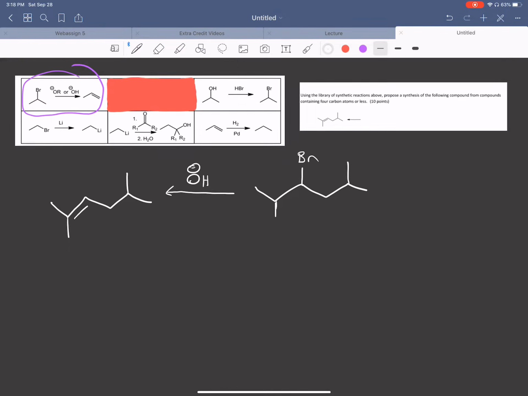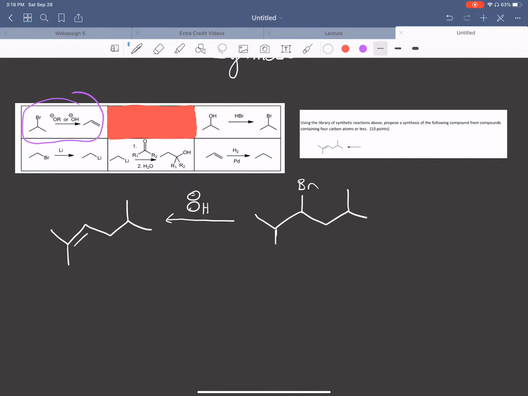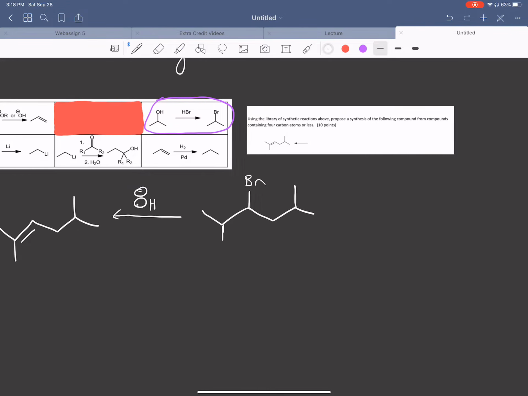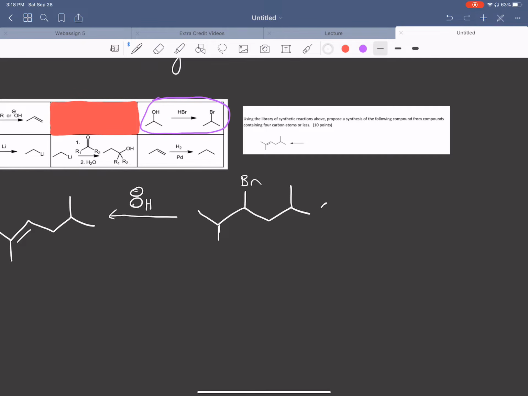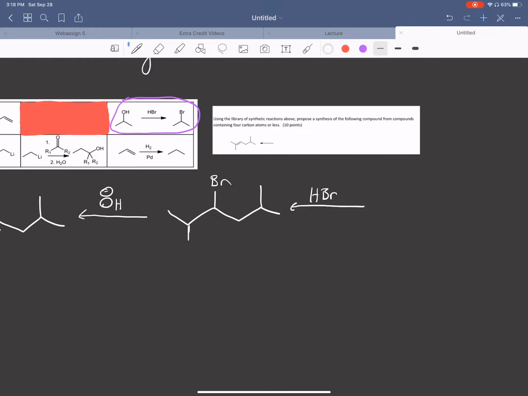And now let's look at our synthesis toolbox. What can we do with a Br, right? Remember, we're working backwards. So we need something where our product on the right-hand side of the arrow has a Br, and we see it would be this reaction right over here, okay? And so going backwards, once you have a Br compound, you can write HBr, and we replace our Br with the OH, like that, okay?